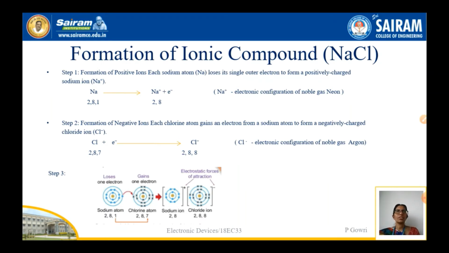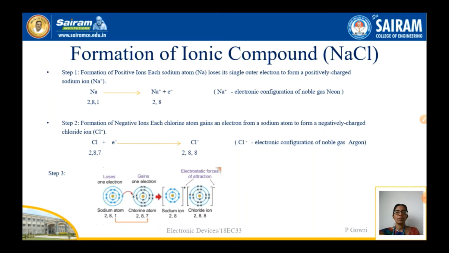The electronic structure of Na, Z equal to 11, is 1s2, 2s2, 2p6 and 3s1. That is, sodium has 1 valence electron in the 3s shell. Similarly, for chlorine, Z equal to 17, the structure is 1s2, 2s2, 2p6, 3s2 and 3p5.